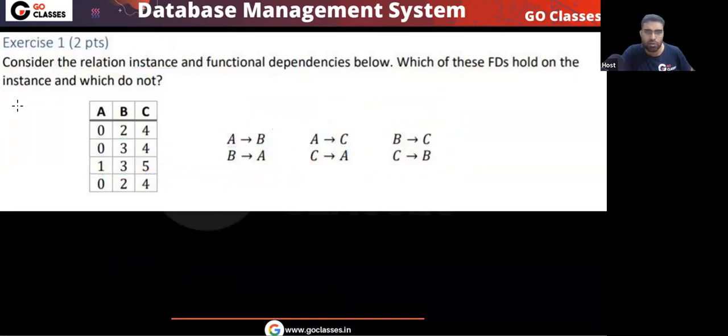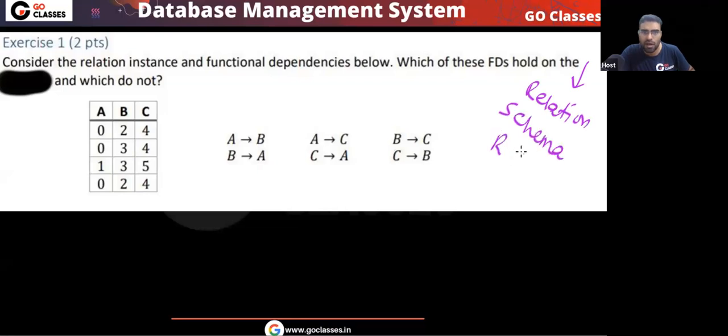Now I want to ask you. I'm not asking for the instance anymore. Now I'm asking which of these functional dependencies hold on the relation schema A, B, C. Either you tell me hold or you tell me do not hold.